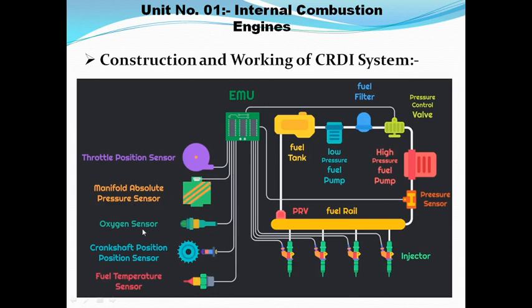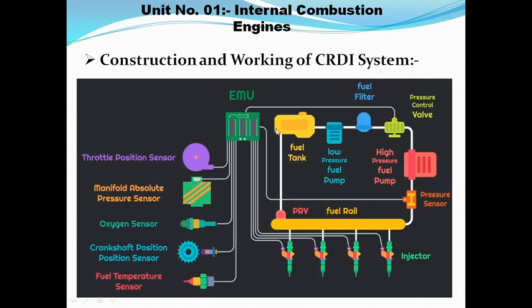Then the oxygen sensor: if oxygen is removed through the exhaust system, this is sensed by the oxygen sensor. As per this, the system can provide a rich mixture or lean mixture to the engine. Then the crankshaft position sensor: if the crankshaft position varies, this signal is supplied to the EMU. And the fuel temperature sensor senses the temperature of the fuel and gives the signals to the EMU.